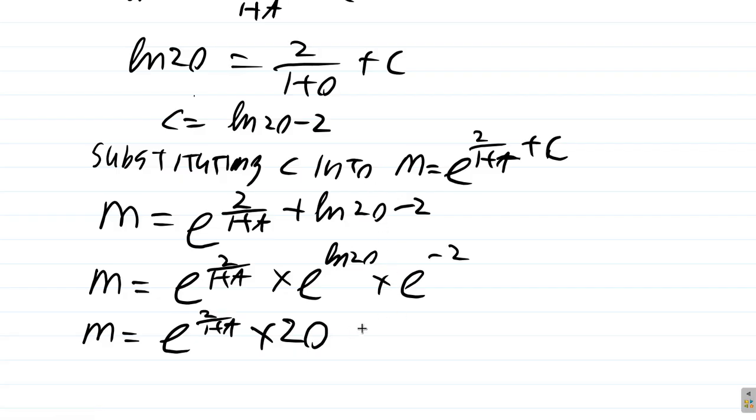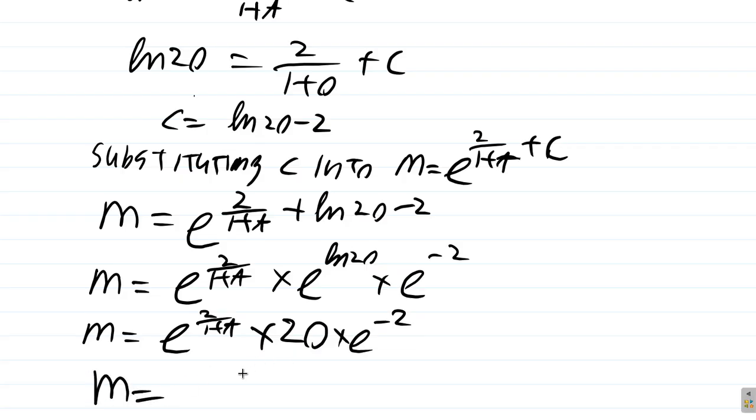Now, times e to the negative 2 is the same as dividing by e to the 2. But let's not divide by e to the 2. Let's write it as times e to the negative 2.